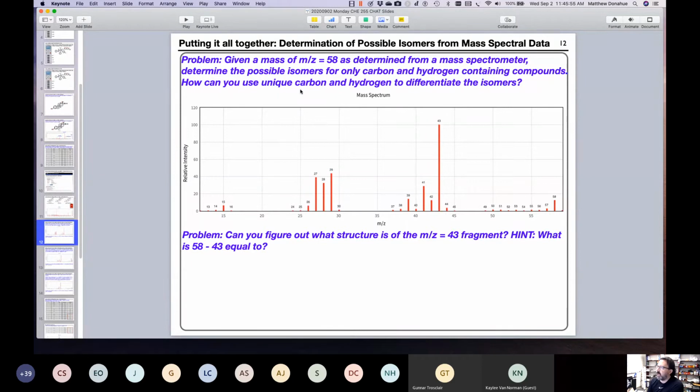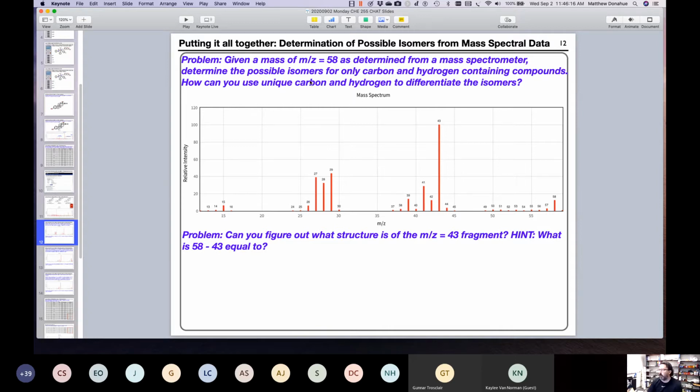How can you use unique carbon and hydrogen to differentiate the isomers? Here's a second problem. Can you figure out the structure of the m/z 43 fragment? This would be the base peak. Hint: what does 58 minus 43 equal?